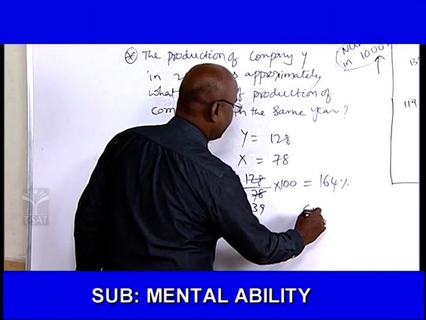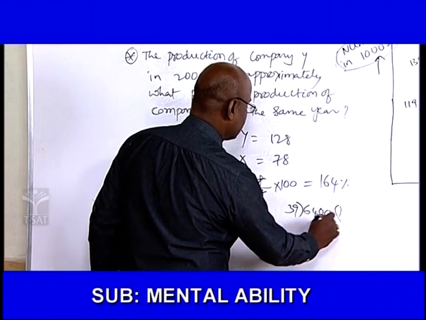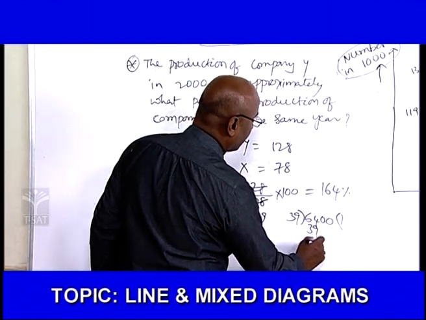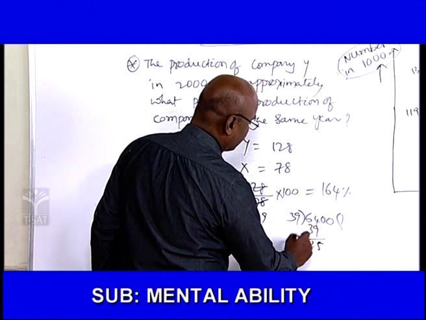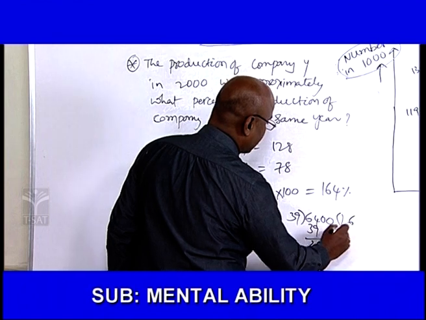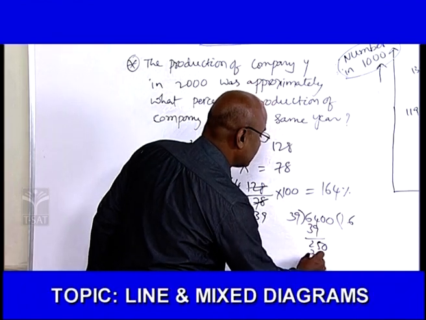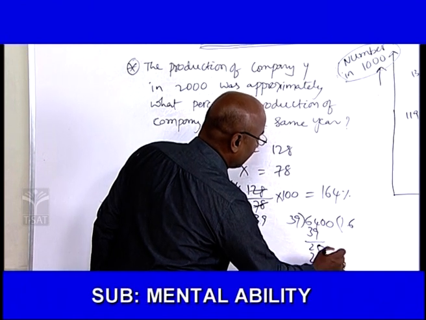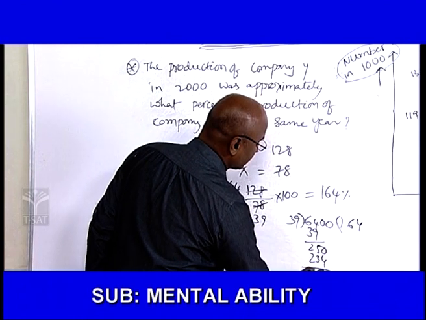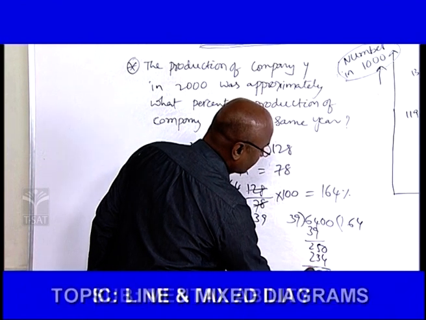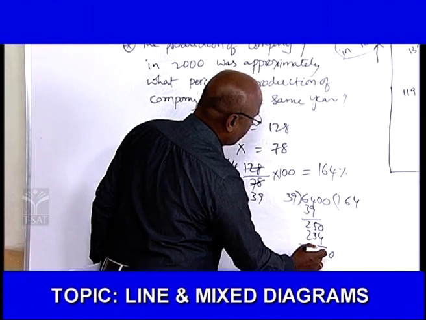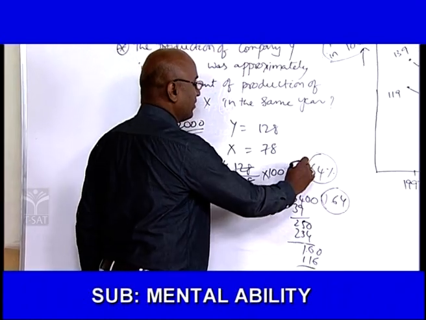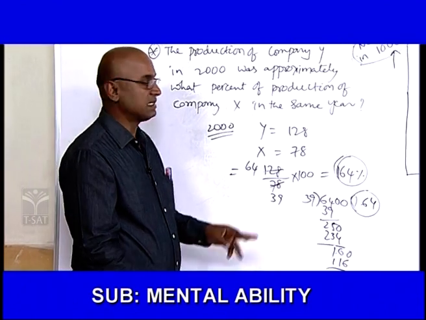So 6,400 by 39 means 39 ones are 39 and 14 minus 9 is 5, 5 minus 3 is 2 and 0, 39 6s are 234, that is 6, 5 minus 3 is 2 and 0, and 39 fours are 156. So approximately it is around 164 or 165%. Approximately the value can be said as 164%.